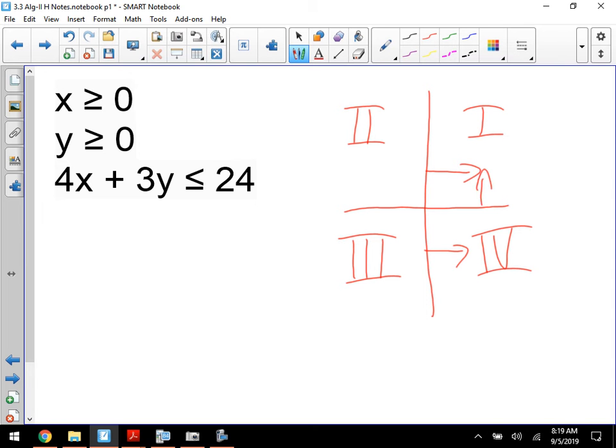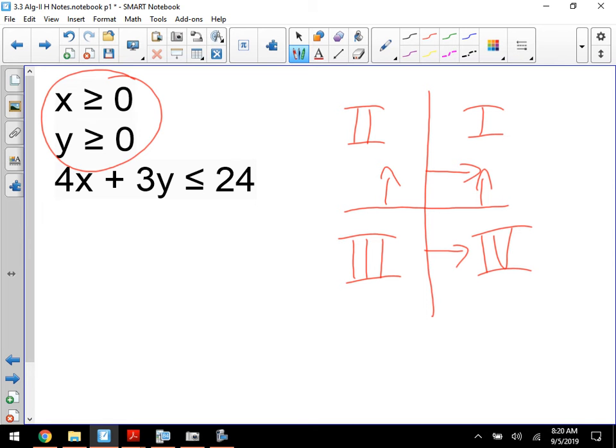Now, immediately, where do those two overlap? Quadrant 1. Whenever you see this, it is automatically a quadrant 1 problem, because those first two restrictions force you into that upper right-hand corner.